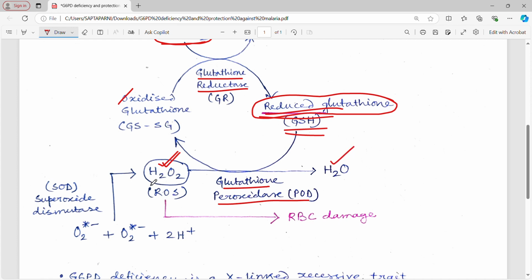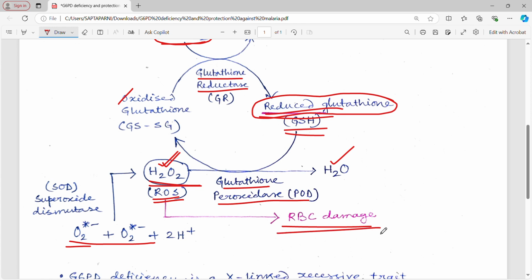See, this hydrogen peroxide, which is a reactive oxygen species, is continuously formed within our cells due to continuous reaction of superoxide anions, which are free radicals. Okay. Now, if this hydrogen peroxide gets accumulated in our cells, it leads to cell lysis. Okay. And in RBC, this cell lysis leads to hemolytic anemia.